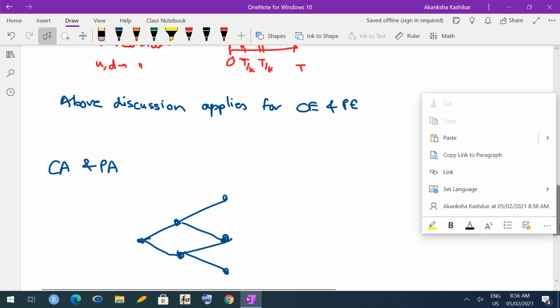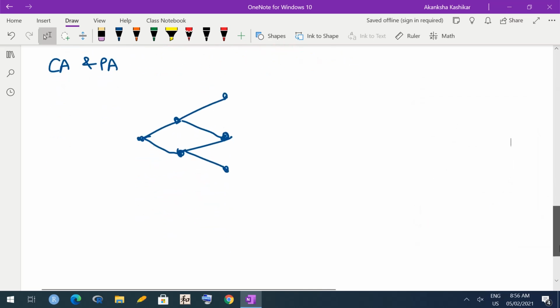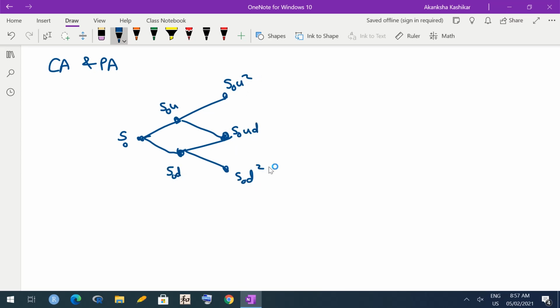So let me write down the possible share prices here. So we start with an initial share price of S0. Then I have S0U, S0U square, S0UD, S0D and S0D square. These are the possible share prices.